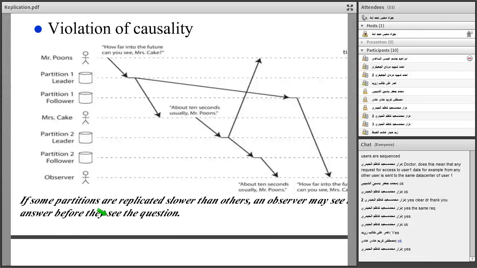We can see the replication lag between the follower of partition 1 and the leader of partition 1 is too big in comparison with the replication lag between the follower of partition 2 and the leader of partition 2. Is it clear for you?